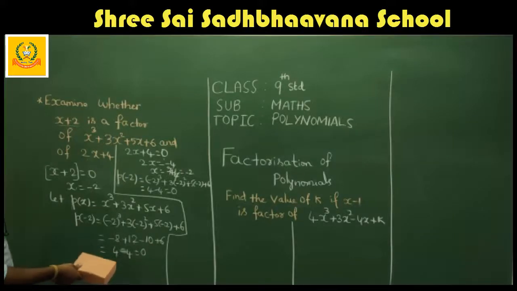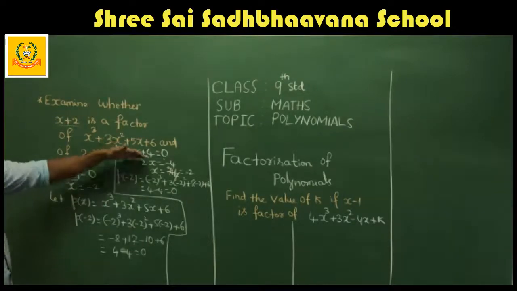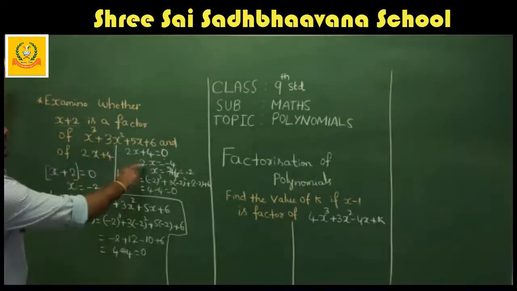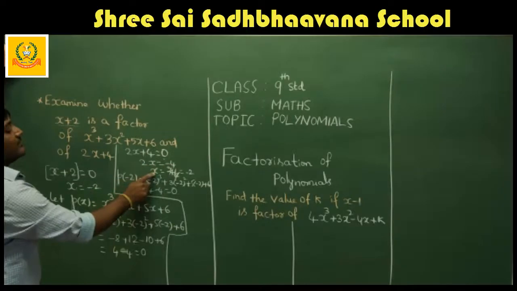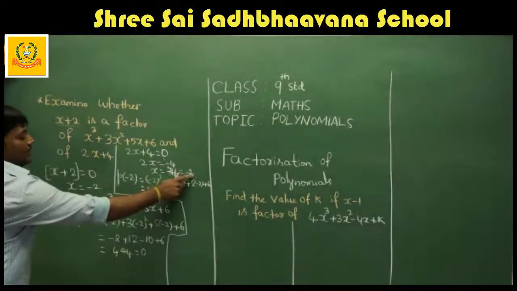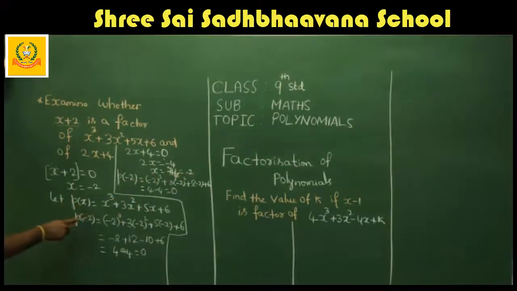When you get 0, then we can conclude that x plus 2, whatever linear polynomial you have taken, can be considered as a factor of the polynomial. Similarly, 2x plus 4 I equated to 0 and I got 2x is equal to minus 4 and x is equal to minus 4 by 2, which is minus 2, the same value we got.